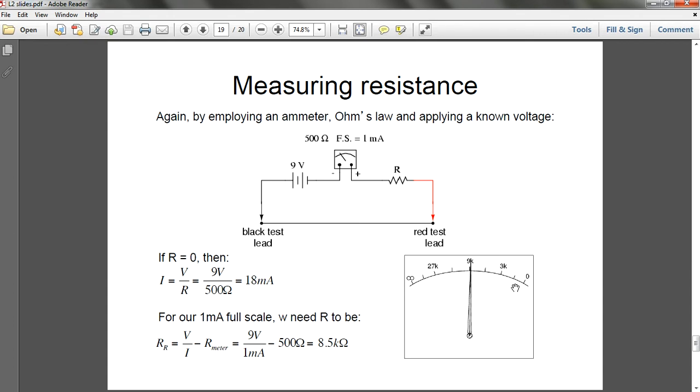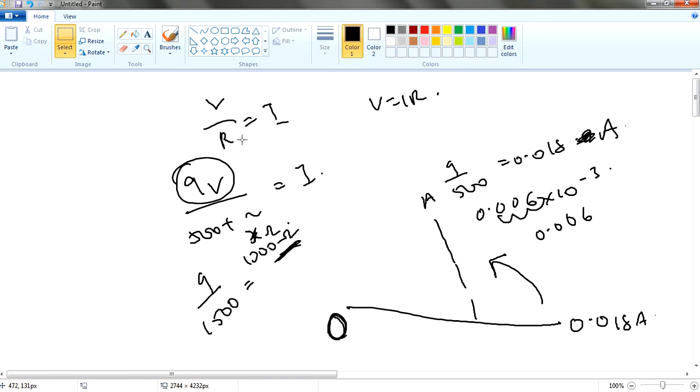As the resistor increases, if the voltage is constant, your current is going to decrease. So let's say this is the scale from infinity to 0.